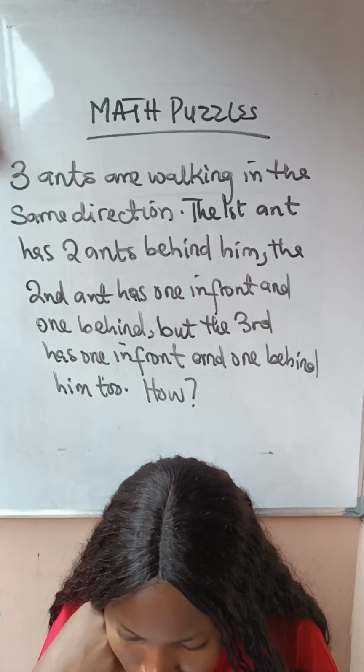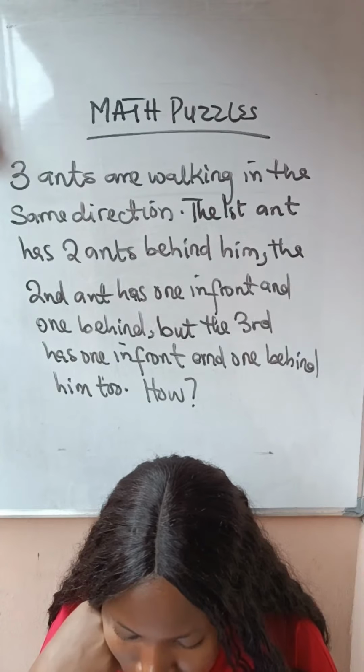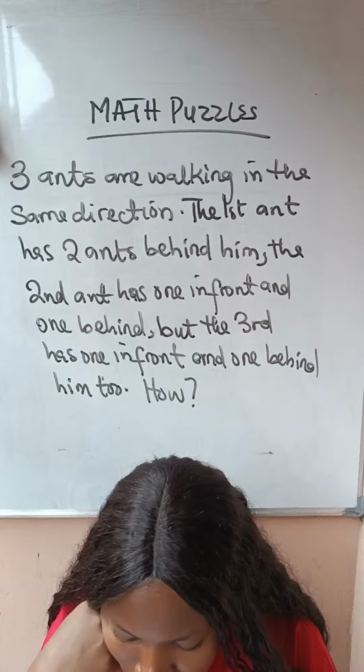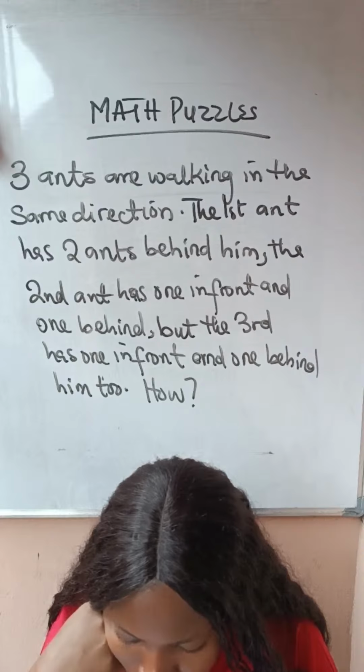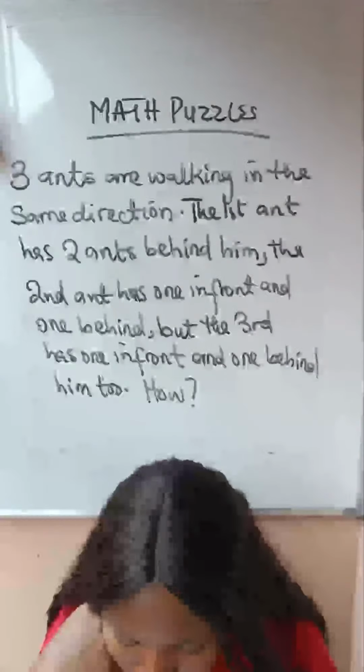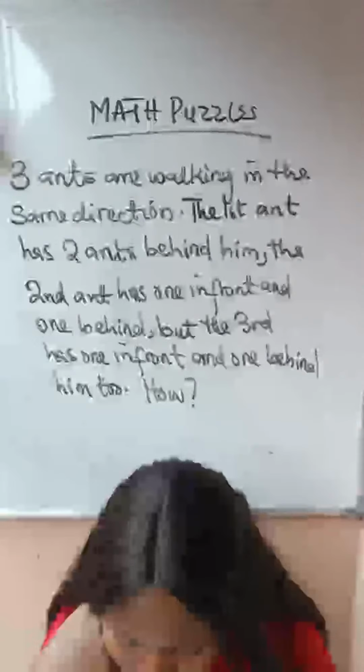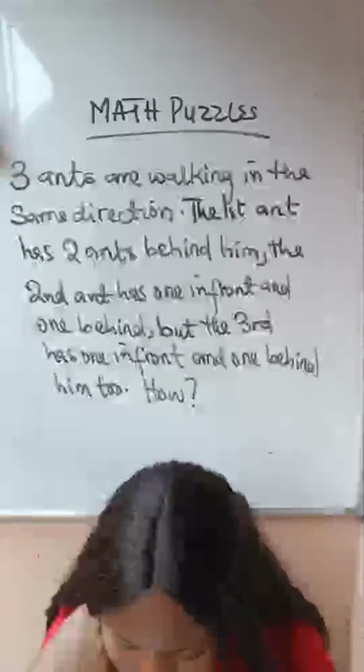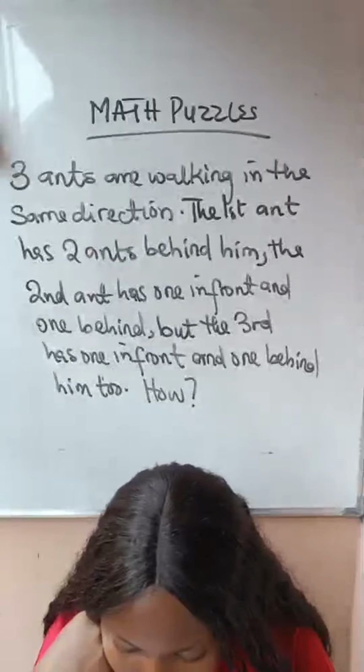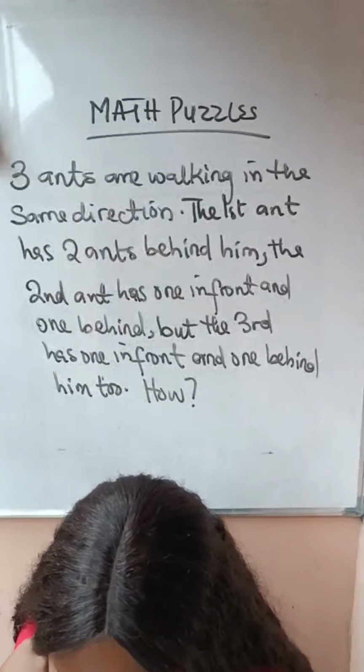More answers. Try to answer it yourself. Let's mark them 1, 2, 3. Three ants are walking in the same direction.